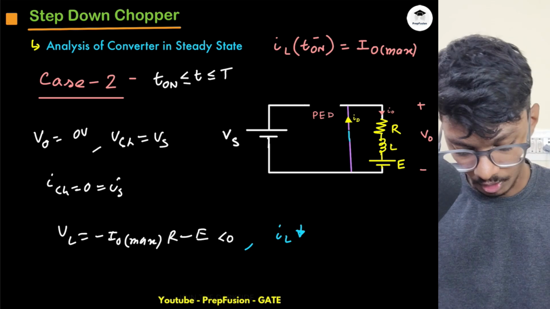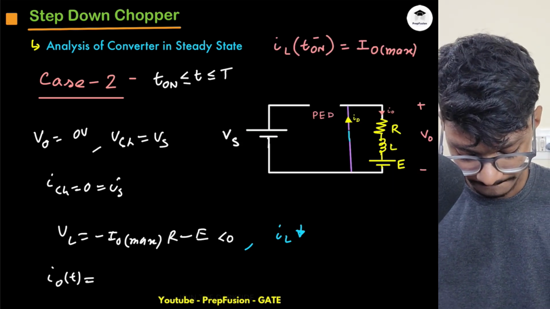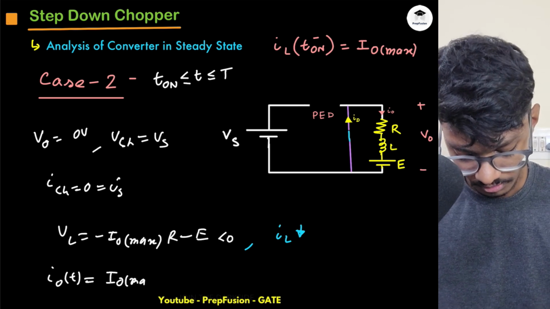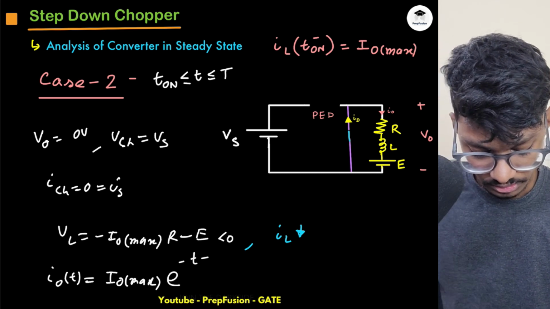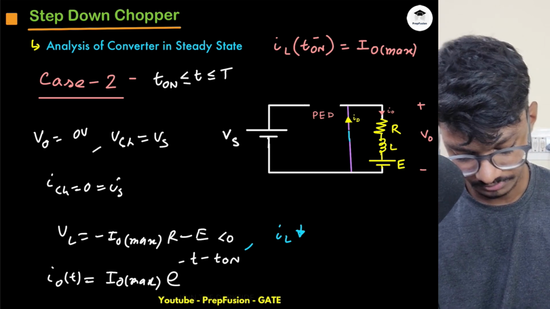So how will I write the equation? The equation will be pretty simple. My IO of t will be basically IO maximum, the initial current, into e raised to power minus t minus T on by tau. Minus T on, why? Because the reasoning is simple.